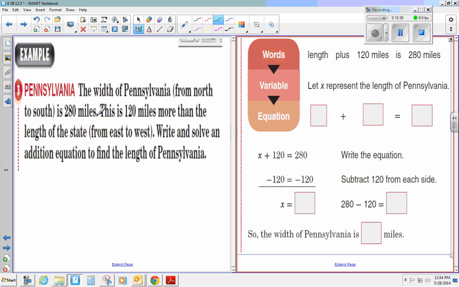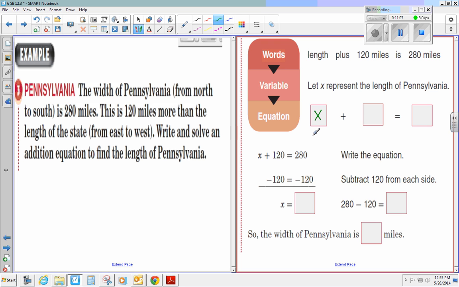It says the width of Pennsylvania from north to south is 280. This is 120 miles more than the length of the state, east to west. Write and solve an addition equation to find the length of Pennsylvania. So, x is going to represent the length of Pennsylvania.